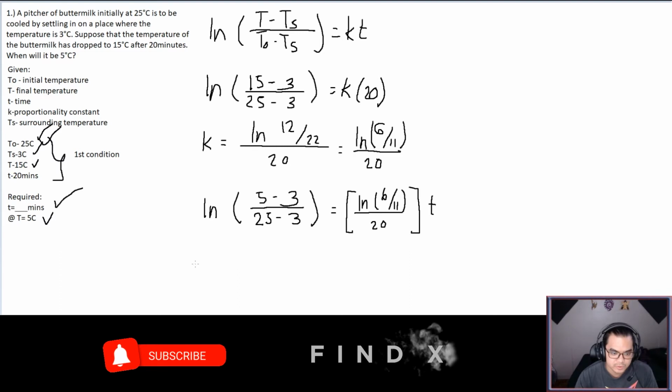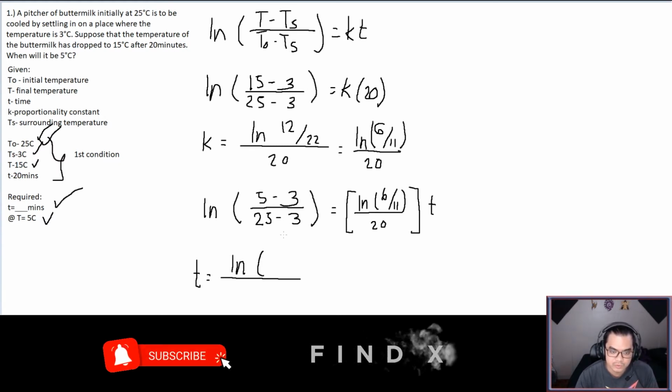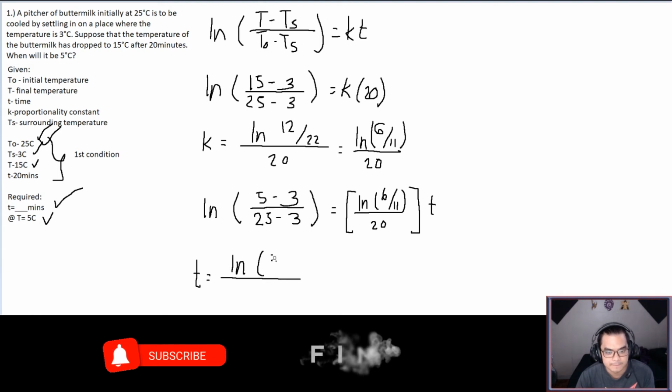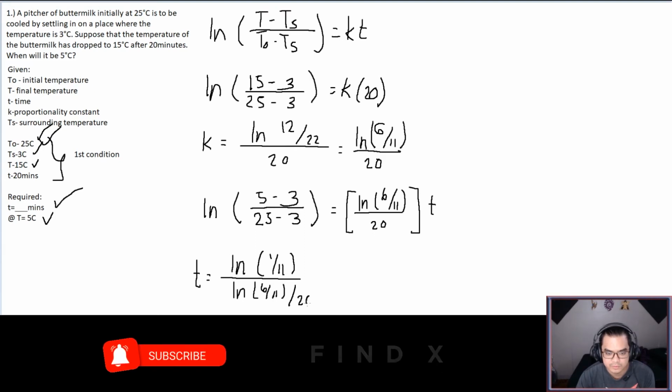T will be equal to ln of 2 over 22, or 1 over 11, all over ln of 6 over 11 all over 20.